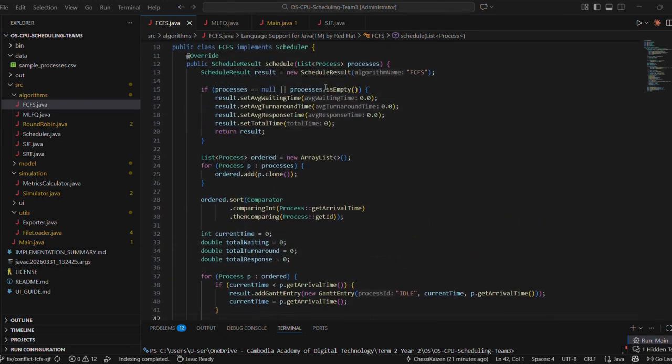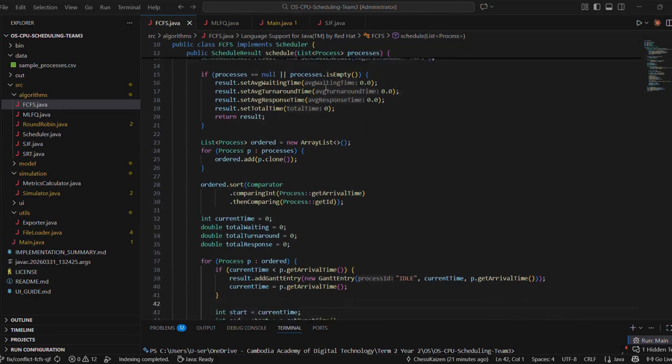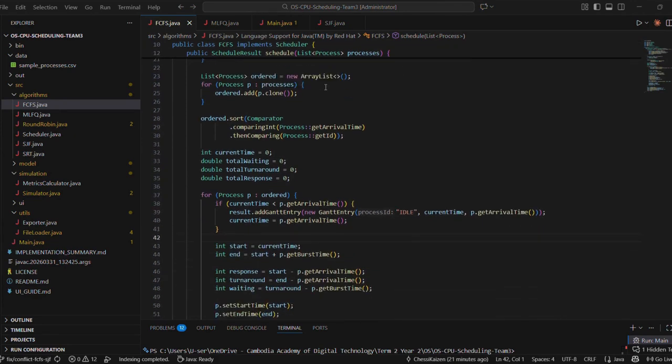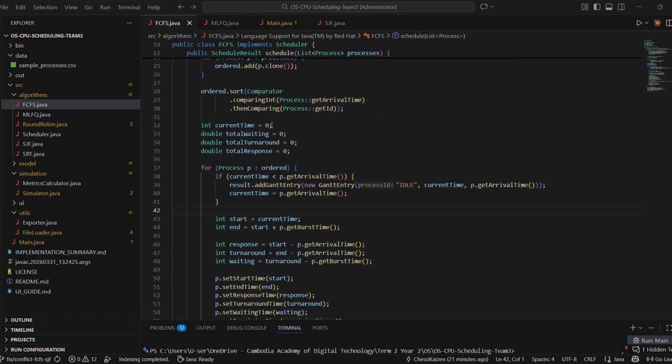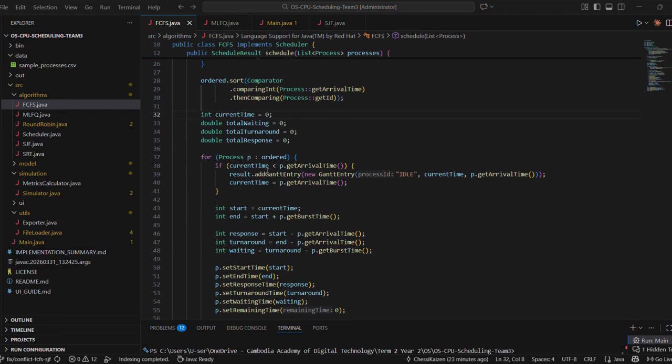I'm not going to explain the whole code, but I will explain the core algorithm of each one. Starting with the first come first serve algorithm, here is the main core algorithm. First I set the current time to 0. This current time means I will loop through the processes. I compare the arrival time of each process.